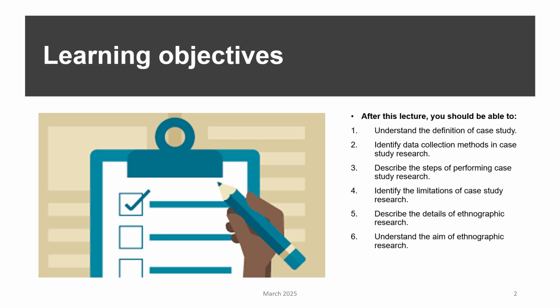You will be able to identify data collection methods in case study research, what are the tools that we can use to collect data in case study research, and describe the steps of performing case study research, and to identify the weaknesses or the limitations of case study research. You will be able to describe the details, definitions of ethnographic research, uses of ethnographic research, and the aim of ethnographic research as well.